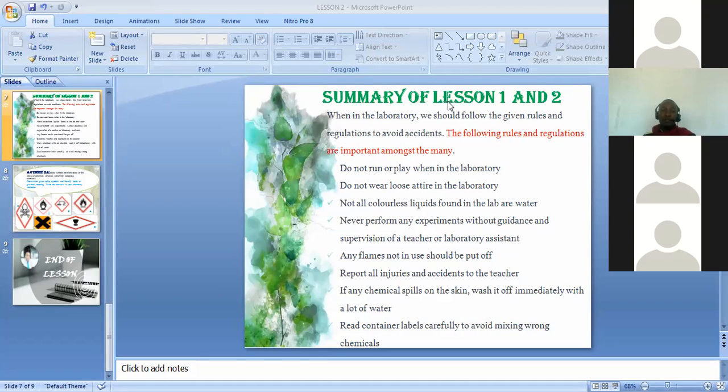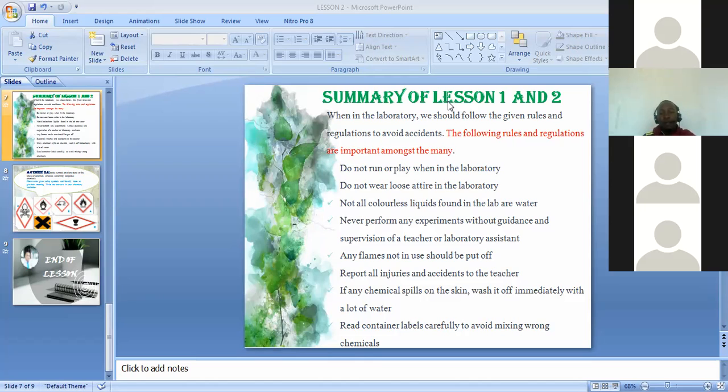So to sum it all, in this second lesson, we've tried to display some of those rules and regulations, such that by the time you come to school, you will be able to enter the lab immediately, and you will be knowing the rules and regulations set for proper lab usage.